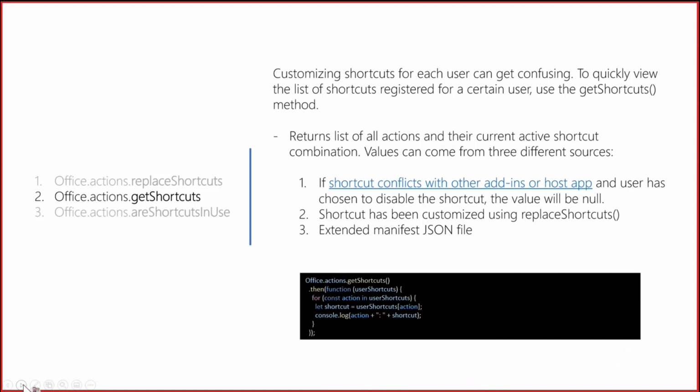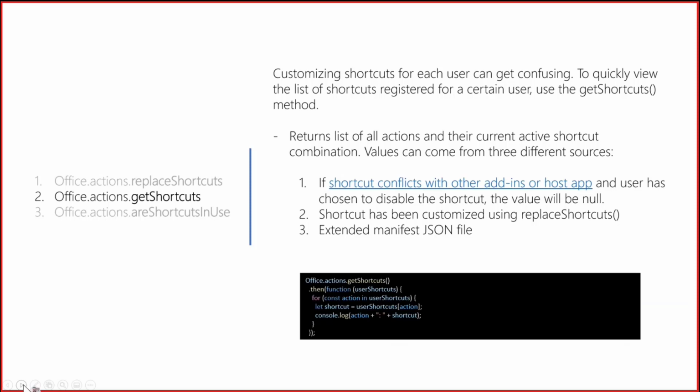The second source that you can get information from: if you have previously used that replace shortcuts API to customize a shortcut, this get shortcuts API is going to return any new customized shortcuts for this user. And then, of course, the third option is if there have been no conflicts and no customizations, it will essentially just return whatever you have defined in that extended manifest JSON file.